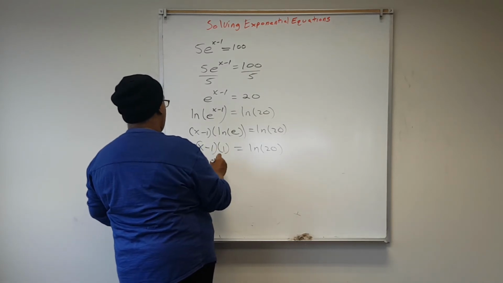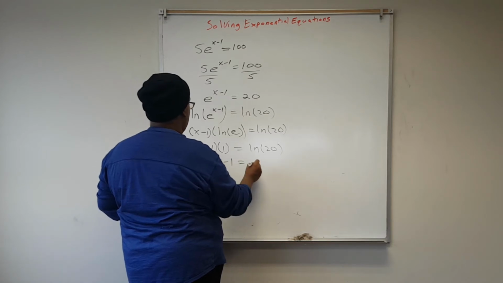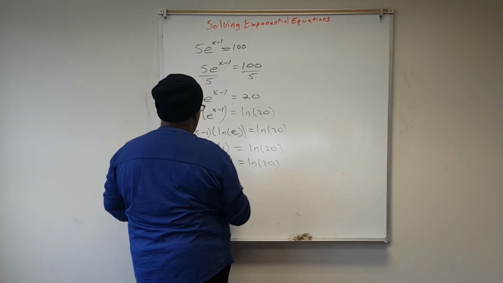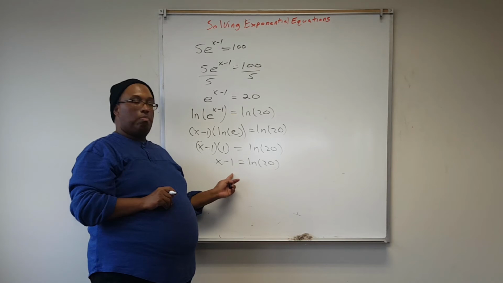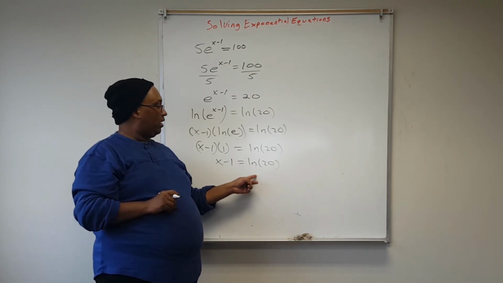And anything times 1 is itself. So we have x minus 1 equals the natural log of 20.